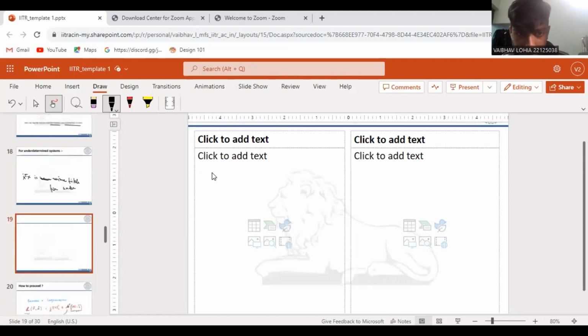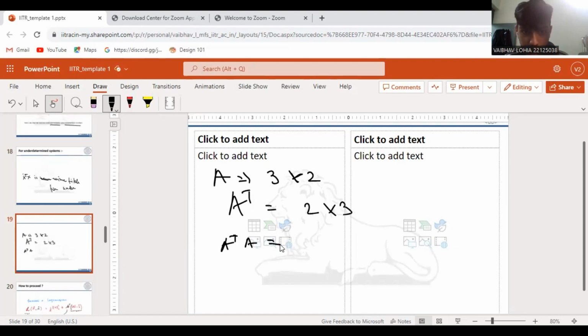Let's say we have a matrix A which has dimension 3 cross 2. Taking its transpose, we get 2 cross 3. So A transpose A would be 2 cross 2.